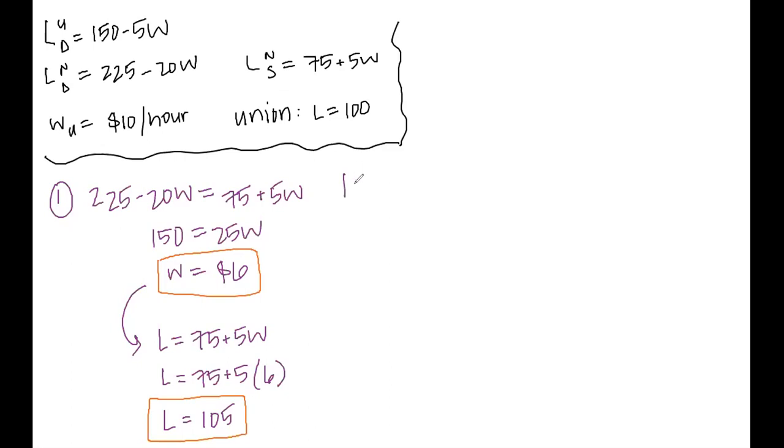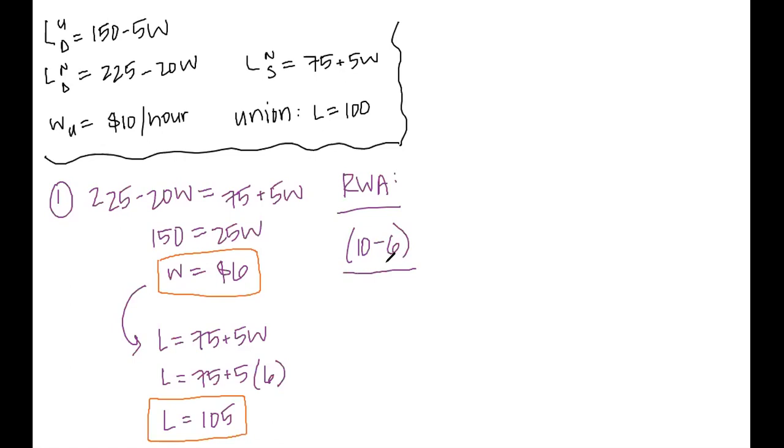I'm just going to label it relative wage advantage. That can be found by taking the difference between the two. The wages for unions is $10. The wages for non-unions is $6. So 10 minus 6 is going to be our numerator.